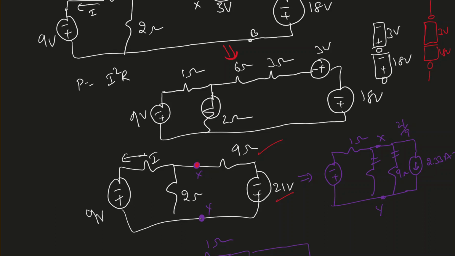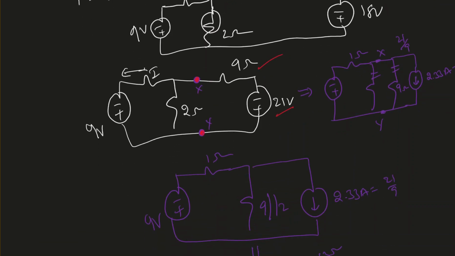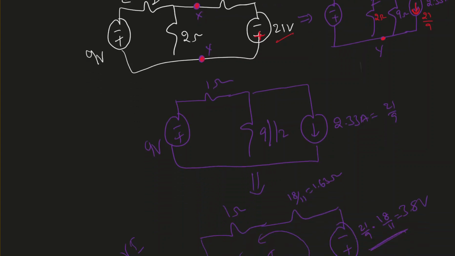I'm going to cut here at X and Y, and rejoin it as a resistor in parallel with a current source. Wherever you have positive, the positive is going to be the arrowhead. So the current is going to be 21 divided by 9, which is 2.33 amperes, and 9 ohm. Now we can clearly see the 9 ohm after conversion is connected back at the XY terminals. Now 9 and 2, they are in parallel.